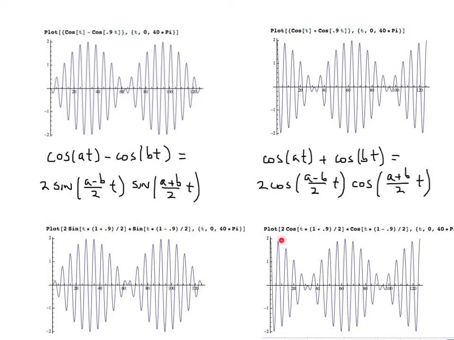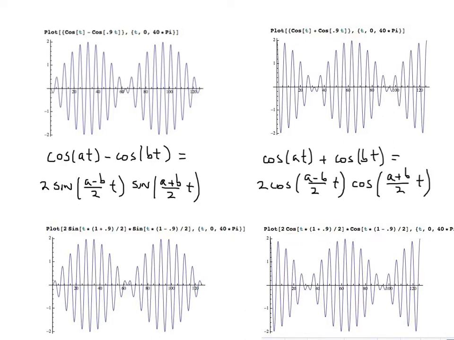And sure enough, with Mathematica, if I plot 2 cosine of t times 1 plus 0.9 divided by 2 and cosine of t times 1 minus 0.9 divided by 2, we have identical graphs. Okay, so this graph, where it gets small, big, big, is the same as we have here. So here's a sum of cosines, and here it is represented as a product.